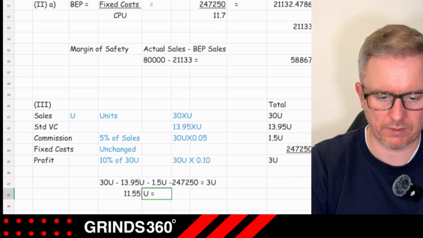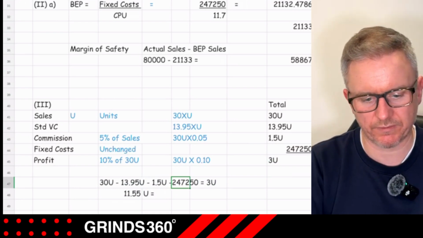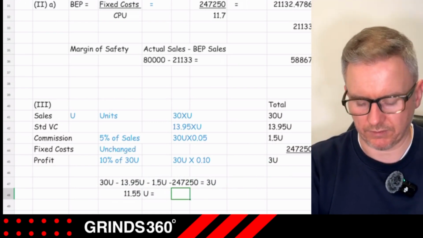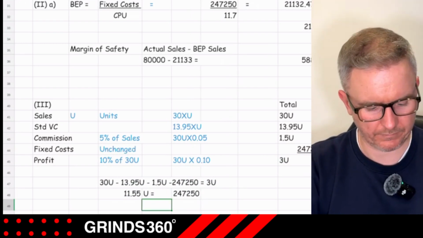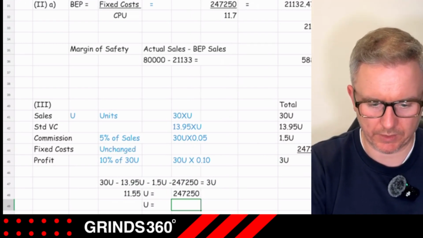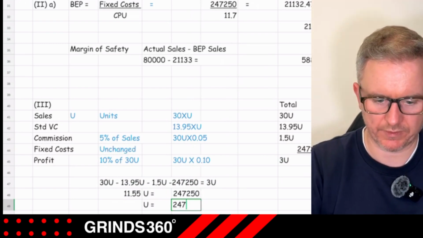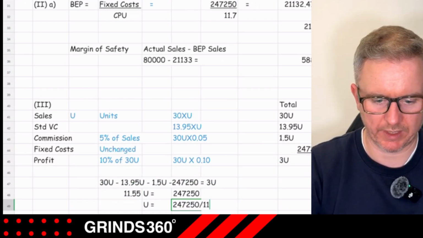So that's all U, and it's all equal to, and then that minus 247,250 becomes a plus when it goes across. And then how do we get that on its own? 247,250, and I'm going to divide by 11.55.